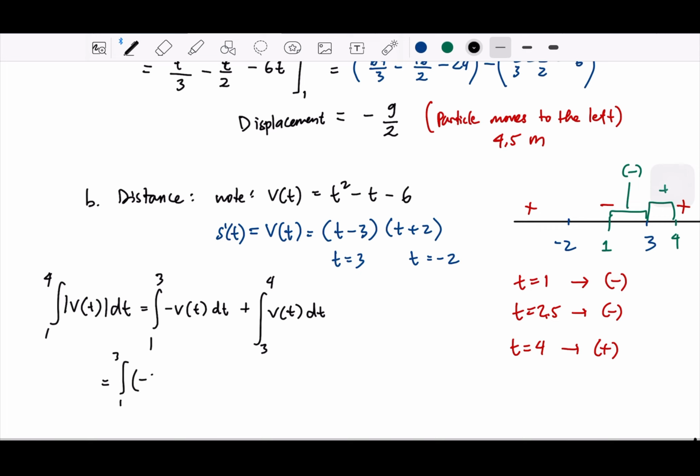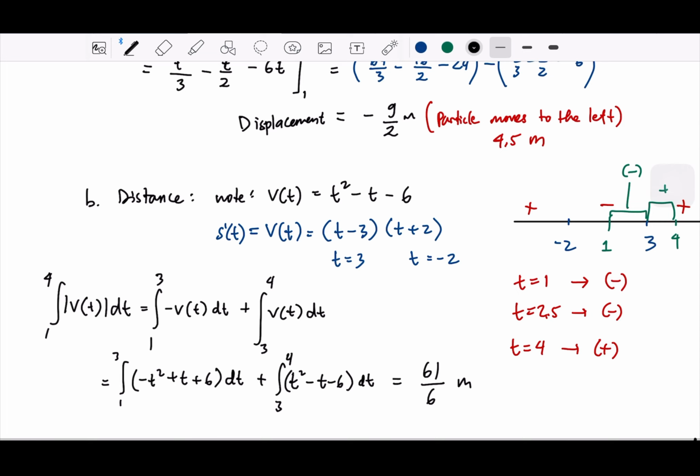So we will have the integral from 1 to 3 of negative t squared plus t plus 6 dt, plus the integral from 3 to 4 of t squared minus t minus 6 dt. You can compute it by yourself. This turns out to be 61/6 meters.